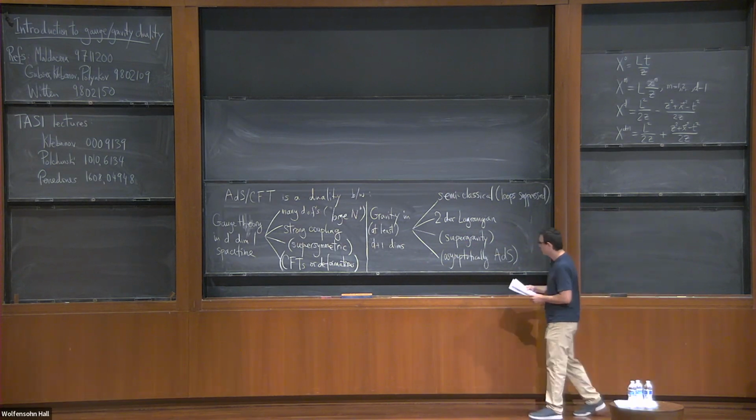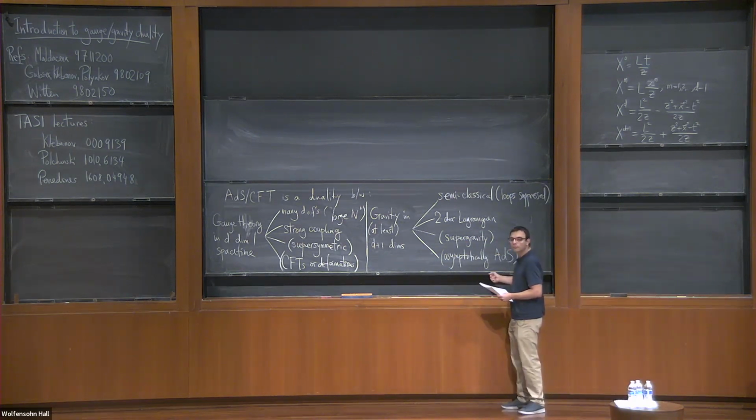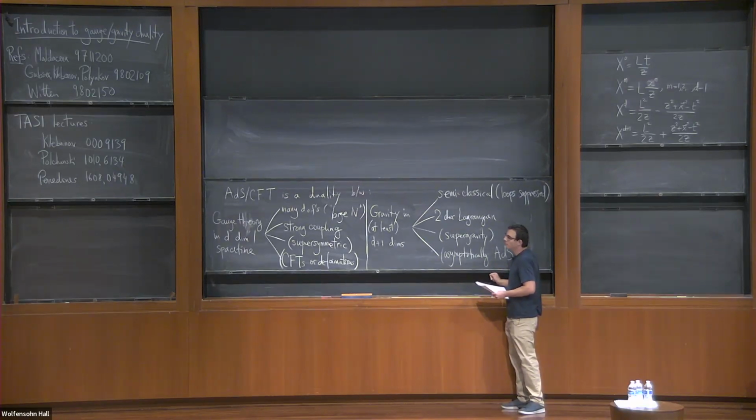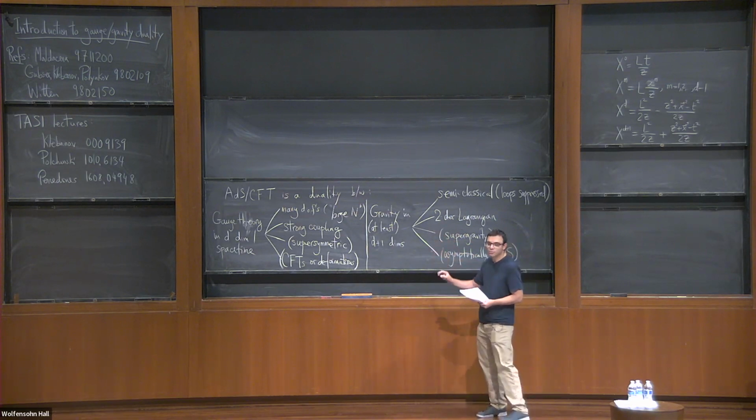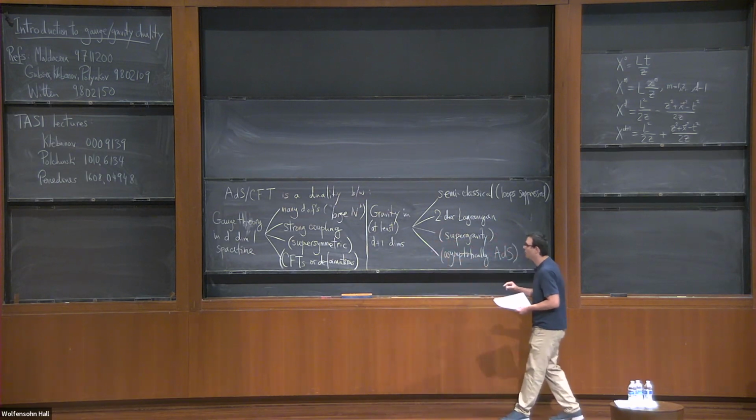Also, the sparsity of the light spectrum of CFT operators on the left-hand side is a requirement. These are some general features. I'm not claiming this is a complete list.